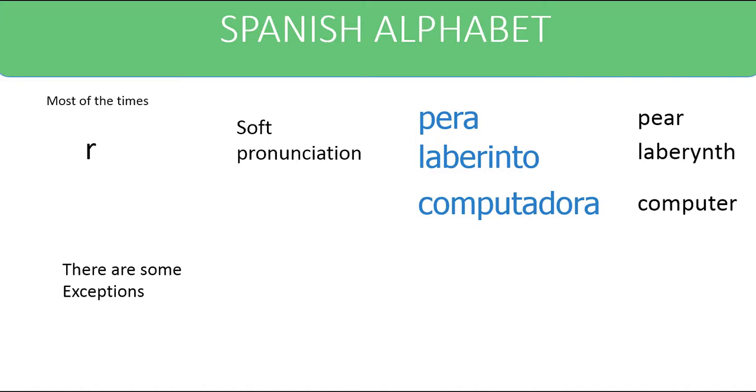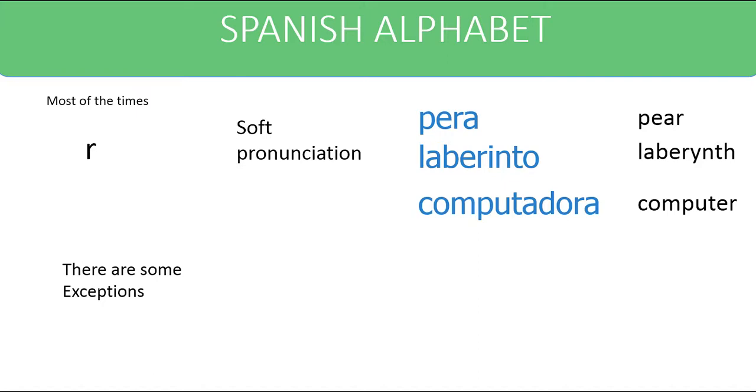So let's remember the sounds. The R in Spanish is pronounced R. And the letter R has two pronunciations, a softer and a stronger. The stronger is R, and the softer is R, as in pera or laberinto.